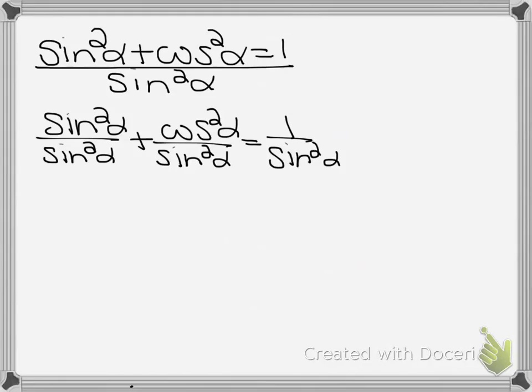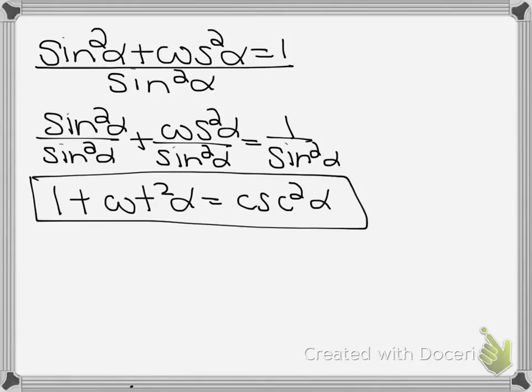Putting this into the other trig forms that we know, we get 1 plus cotangent squared alpha equals cosecant squared alpha. And say hello to identity number 3.